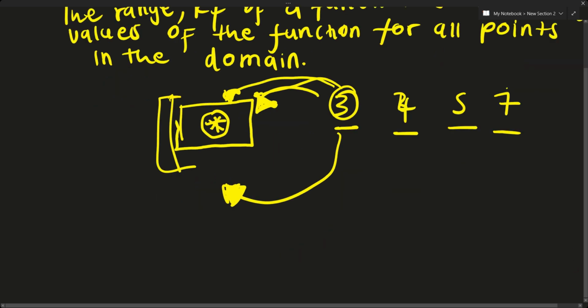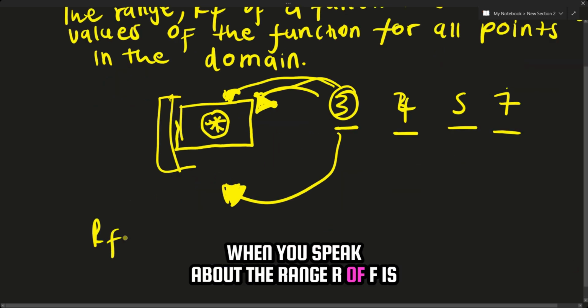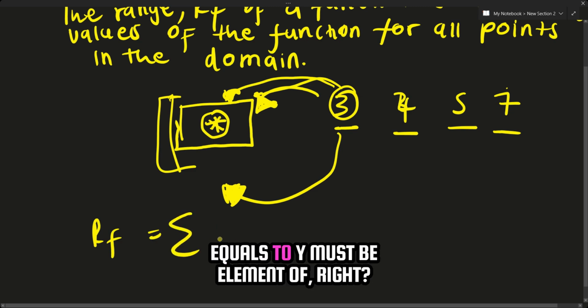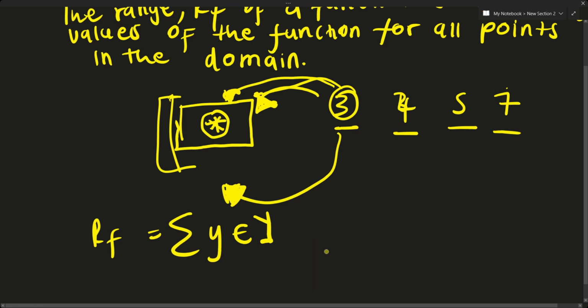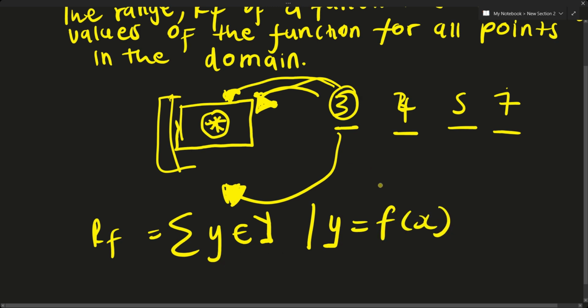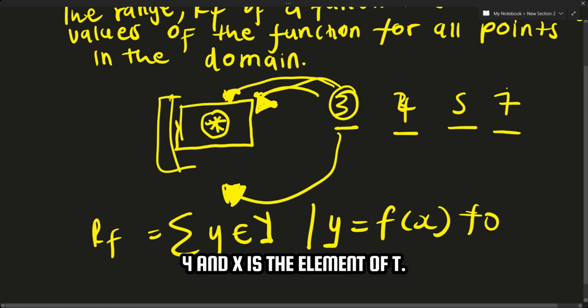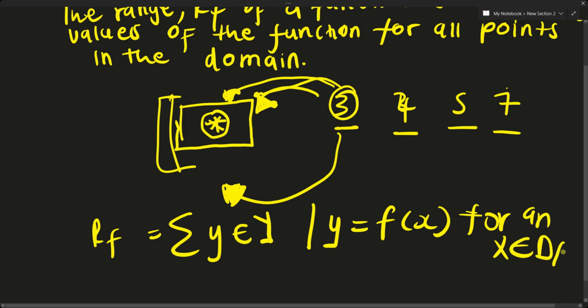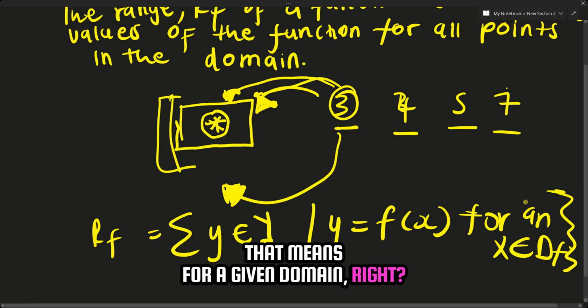So when you speak about the range R of f is equal to y must be an element of, right? y is equal to f of x for all x that is an element of D. That means for a given domain, right?